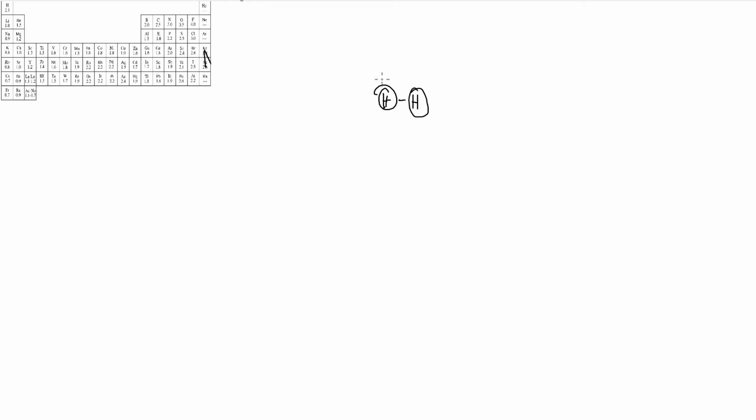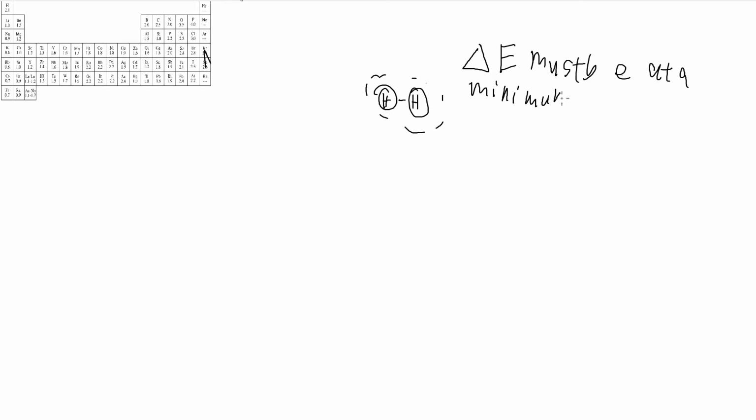Let's say that this is the ideal length, and it has the least amount of potential energy. Remember that you want the least amount of energy possible, so delta E must be at a minimum to be considered ideal.